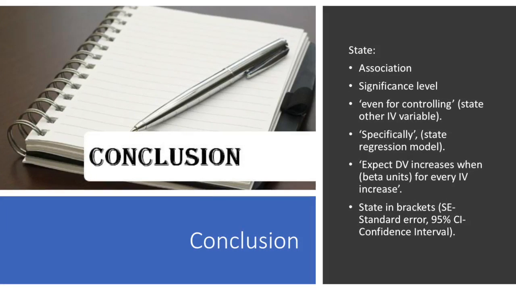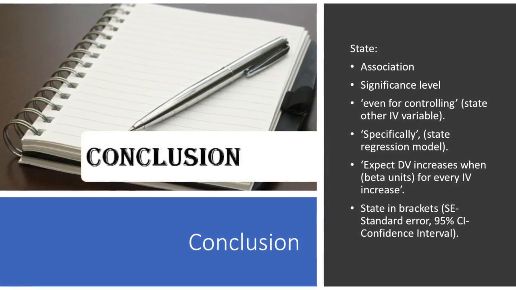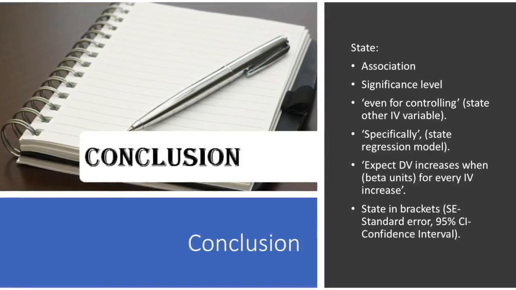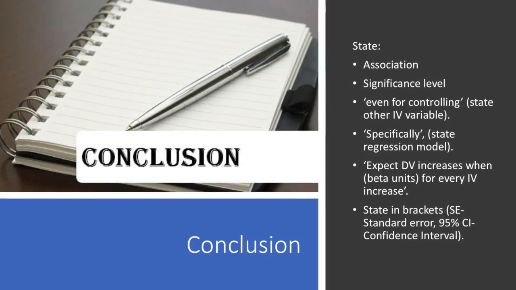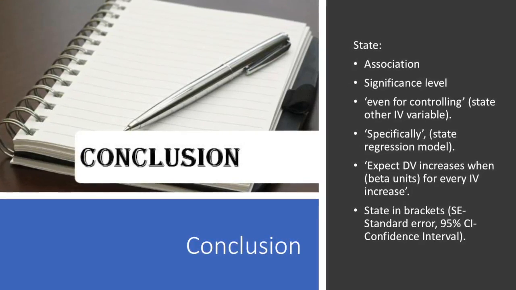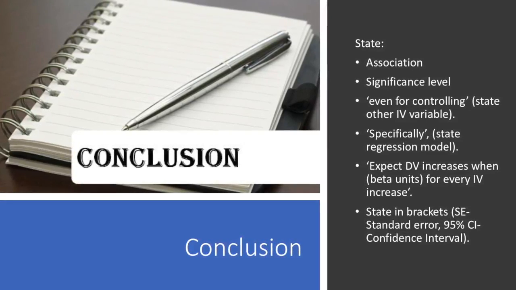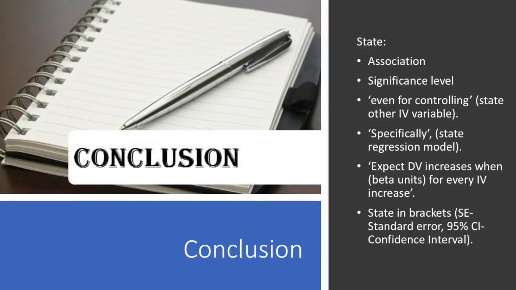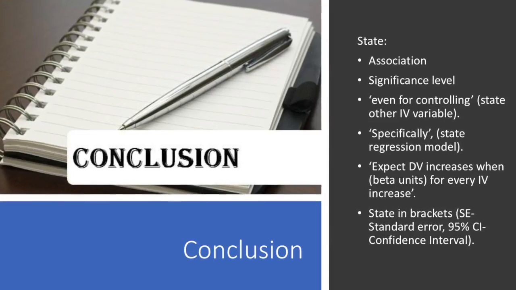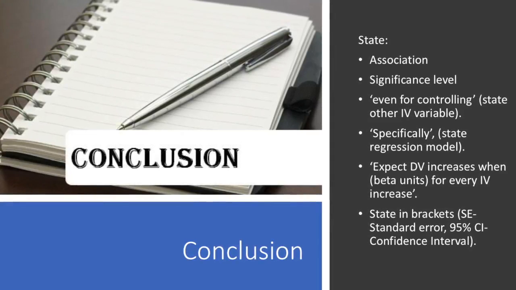Then we would state the regression model, as in y hat equals a plus bx plus e, and state that we expect our dependent variable to increase by beta units for every increase in the independent variable. Afterwards we would state the standard error and then the 95% confidence interval.